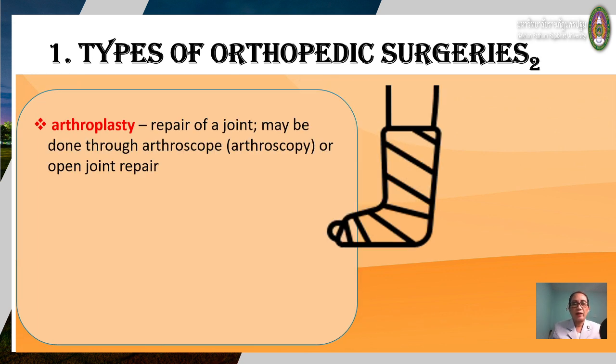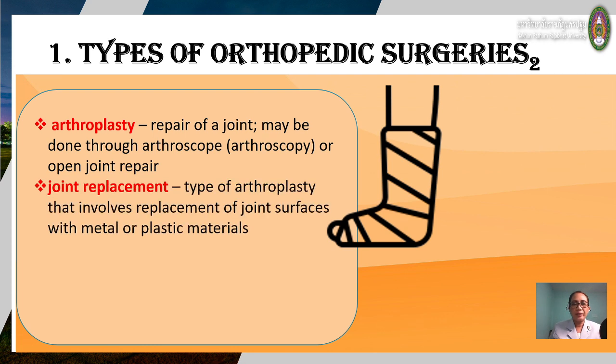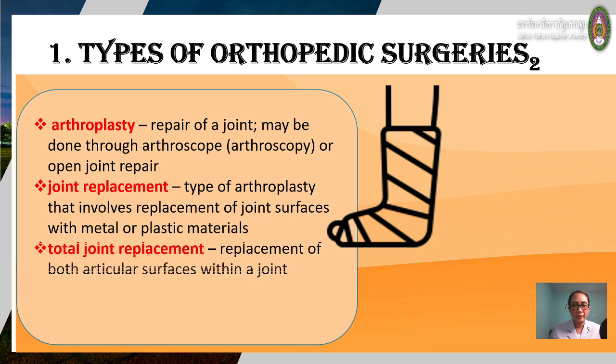We also have arthroplasty. Arthroplasty is a repair of a joint, may be done through arthroscopy, or open joint repair. Joint replacement is a type of arthroplasty that involves replacement of joint surfaces with metal or plastic materials.